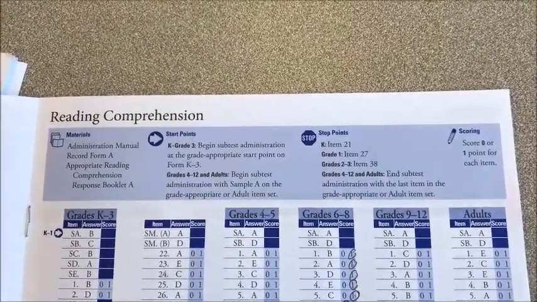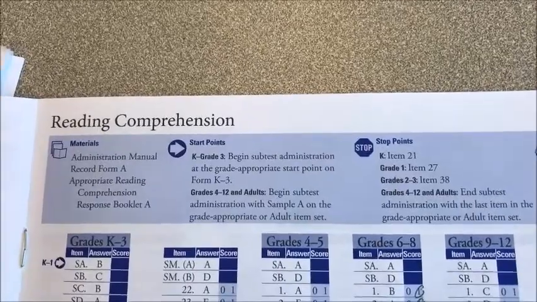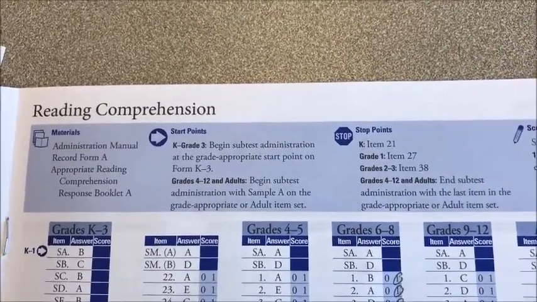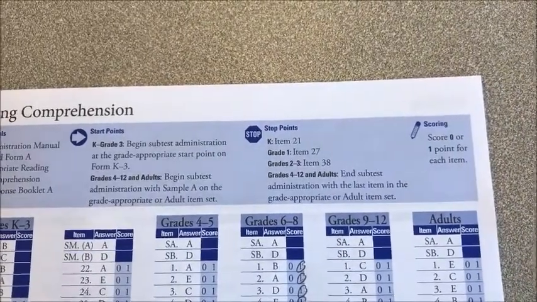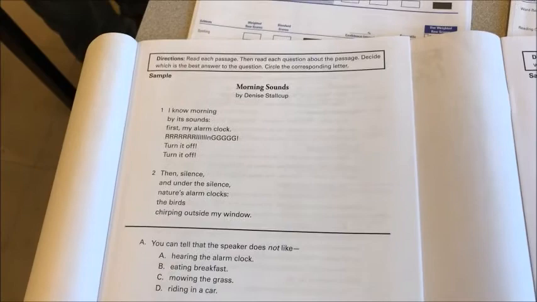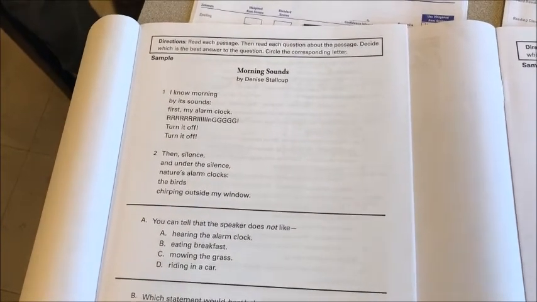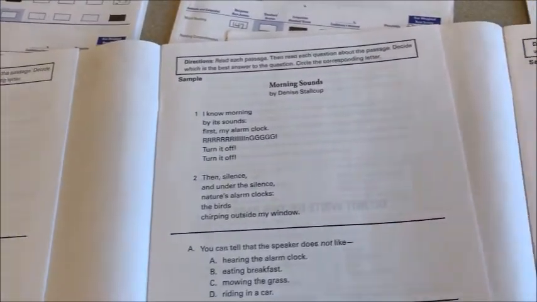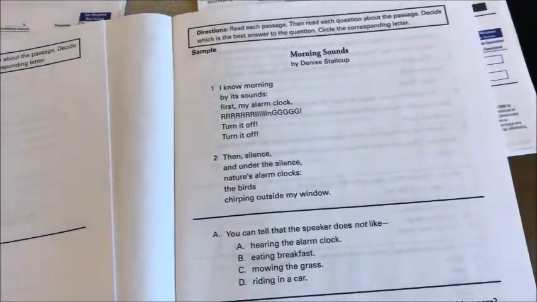Just like the word reading subtest, the actual instructions for start points, stop points, and scoring are right at the top of the sheet. Regardless of the grade of the comprehension booklet that you're going to administer, they all start with the same sample question in the beginning.